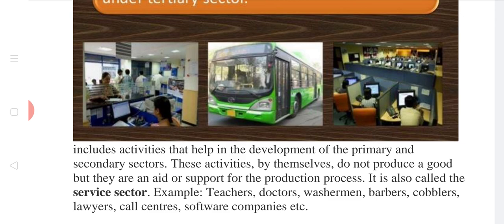The second one is organized and unorganized, and the third one is public and private. We have done the first one. We will do the next two in the next videos. Then we discussed in detail what is the primary sector and examples, the secondary sector and examples, and the tertiary sector and its examples.